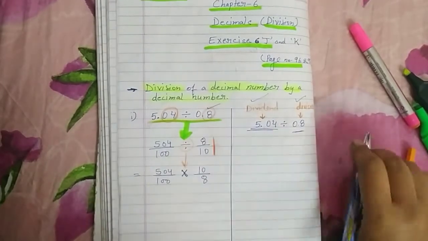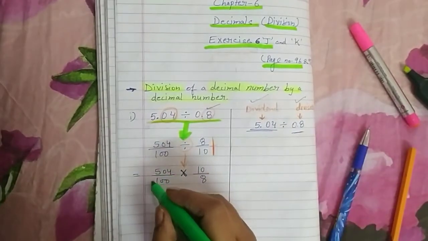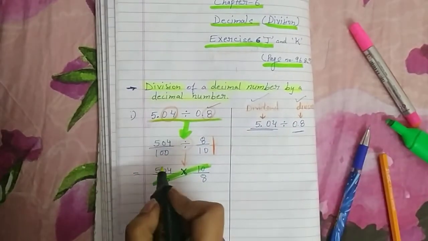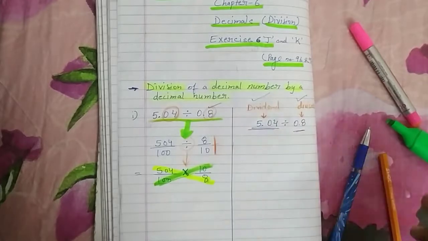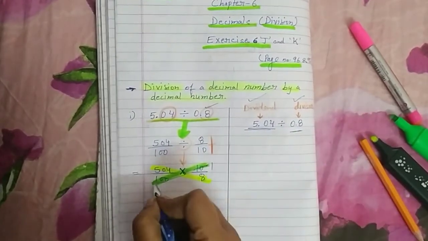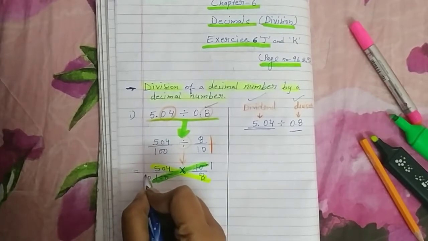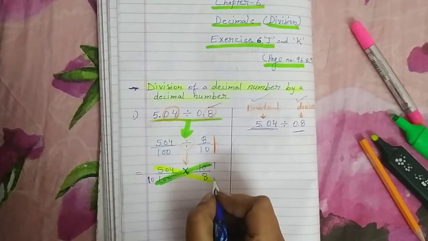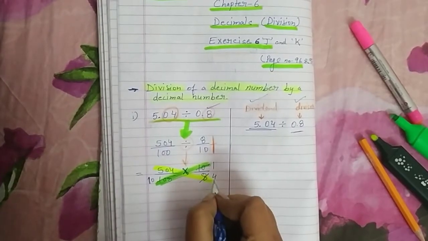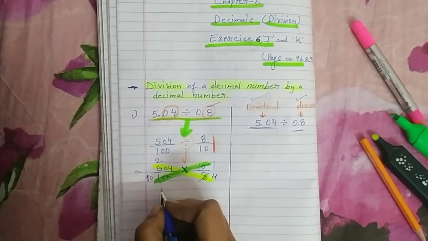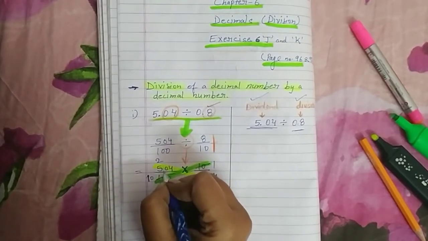Now children, simplify cross, like this. Now 10 times 1, 10 times 10. I'll always start with the smaller number. So 4 times 2 is 8. 2 ones are 2. 2 twos are 4.